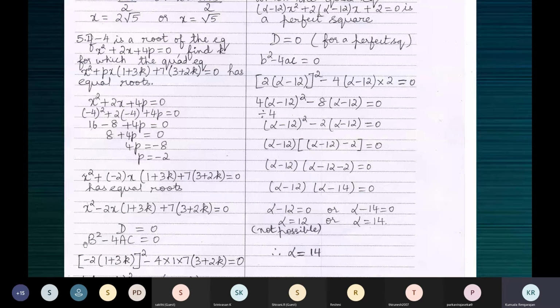So d is 0 means b square minus 4ac is equal to 0. Now in this equation, which is b, the coefficient of x? Cover the x, the rest of it is b.